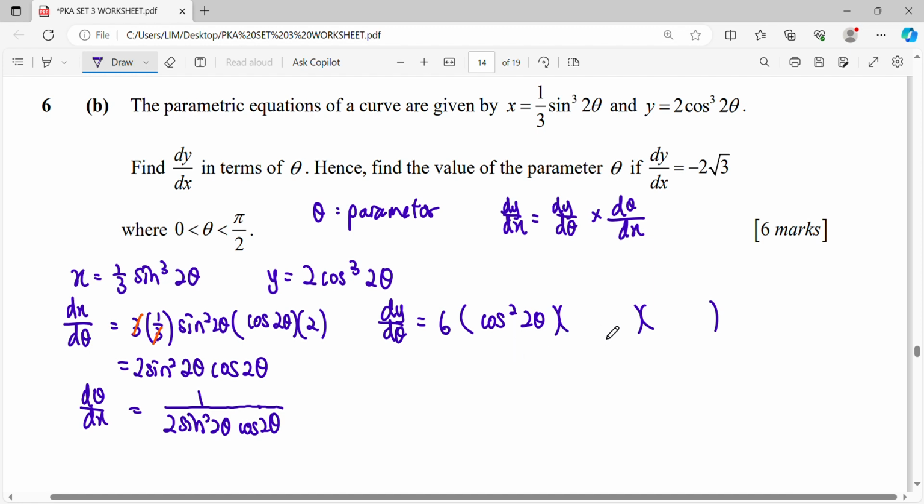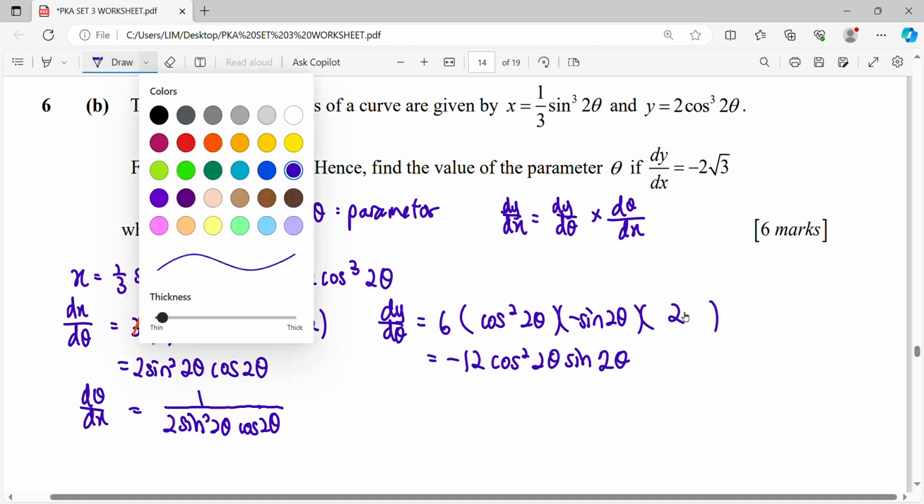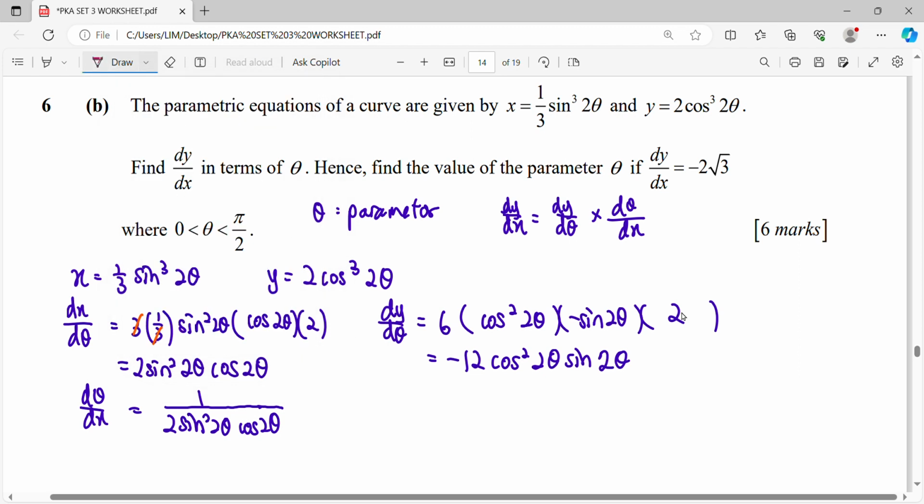Differentiate the cos, it gives a negative sign, angle follows. Then the last step, differentiate the angle. Simplify this: negative, positive, negative, 12. Then we simplify for dy/dx.